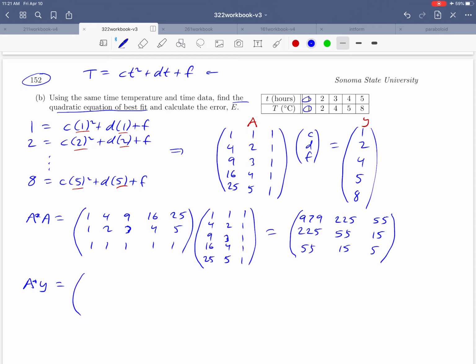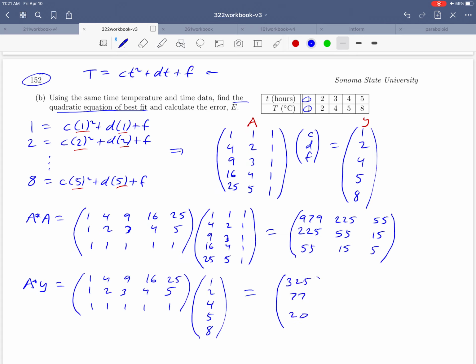Now the other calculation that we need is A star times y. So that's this same big matrix, this time times our right-hand side, 1, 2, 4, 5, and 8. If you do the multiplication this time, you're going to get a vector that's 3 by 1: 325, 77, and 20.